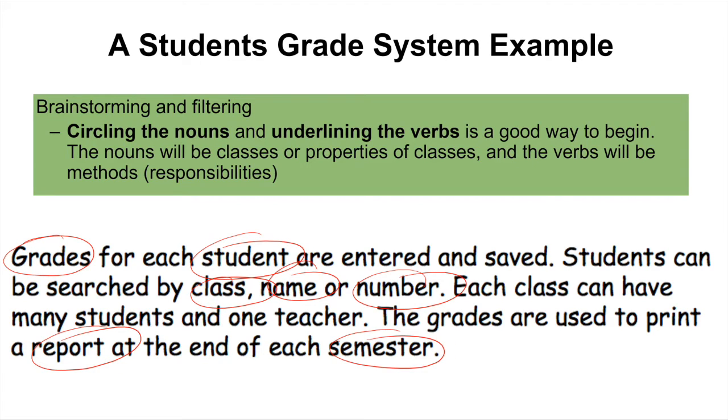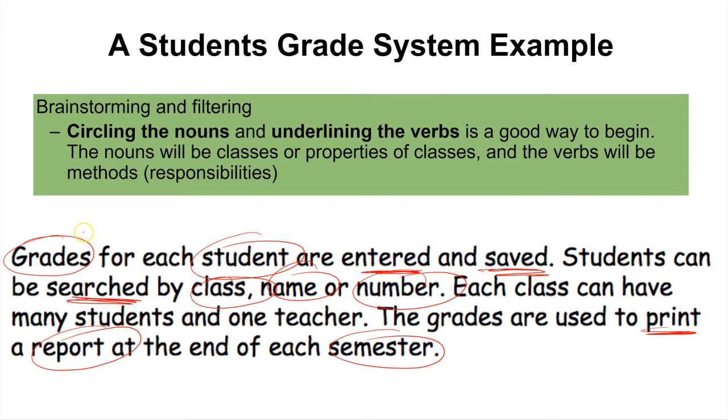So each one of those is a potential class in my system, and even if one of these isn't a class, it'll be the property of a class or a variable inside a class. Then I need to look at actions. So I'm going to look at verbs next. I'm going to underline these: entered, saved, searched, printed.